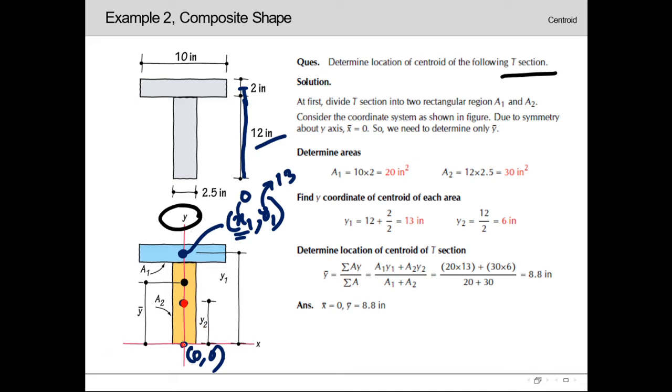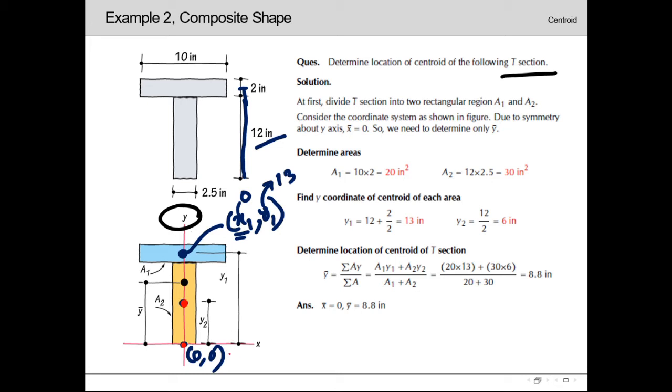No, as we are starting from 0, 0, we do not need to move along the x-axis, we just need to move along the y-axis to reach this center point of segment 2.